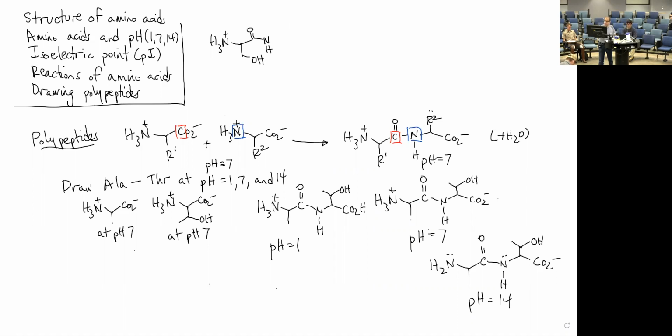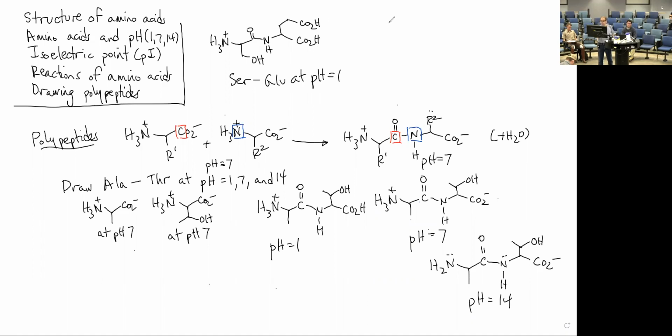Move that up here, maybe. CO2H and CO2H. This is going to be serine glutamic acid at pH equals 1. So notice the carboxylic acid functional groups are also protonated.